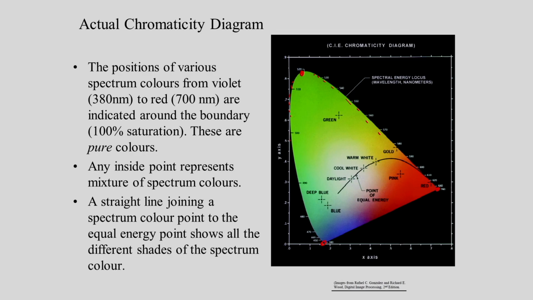If I consider inside these colors, a point inside represents a mixture of the spectrum colors. My spectrum colors are RGB, the primary colors, and by mixing the RGB I can get other colors. So in the boundary I have the pure colors, which correspond to 100% saturation.